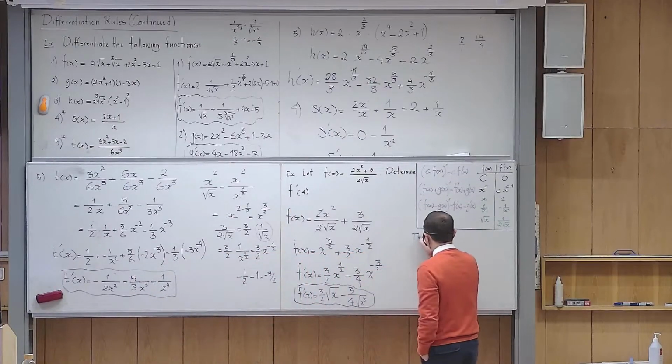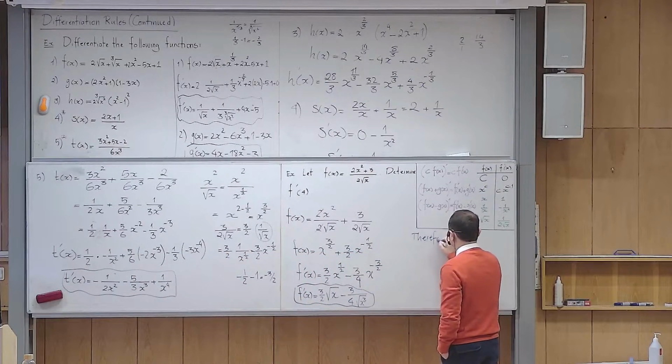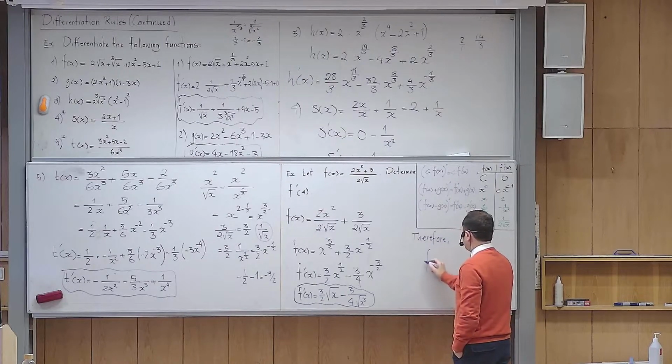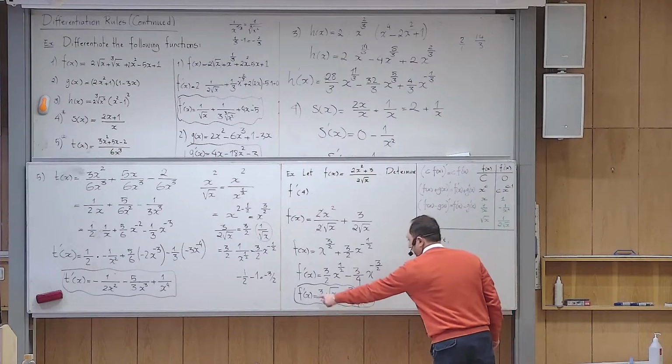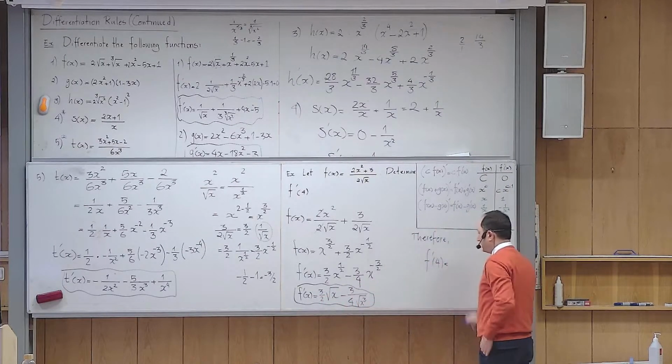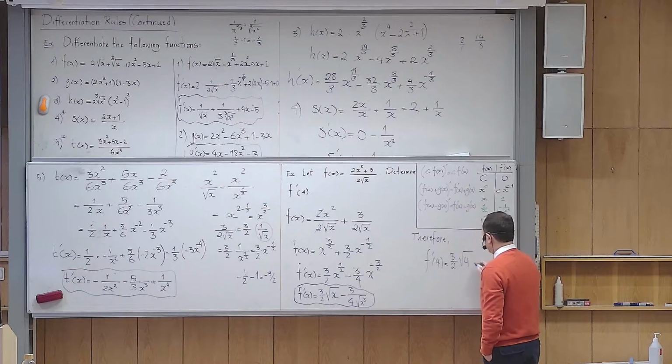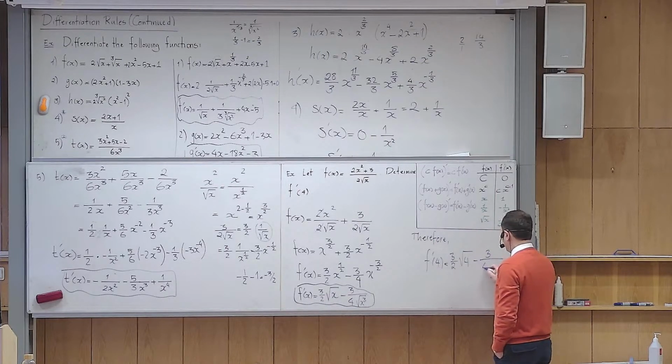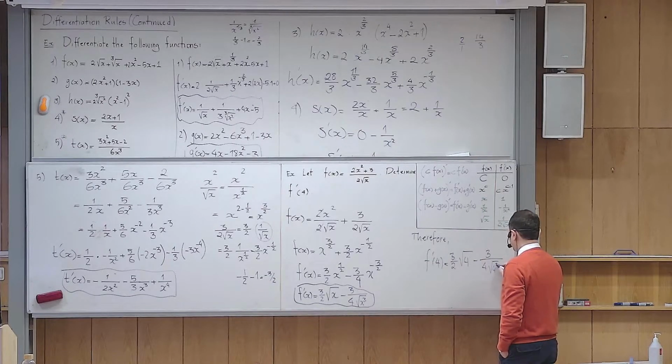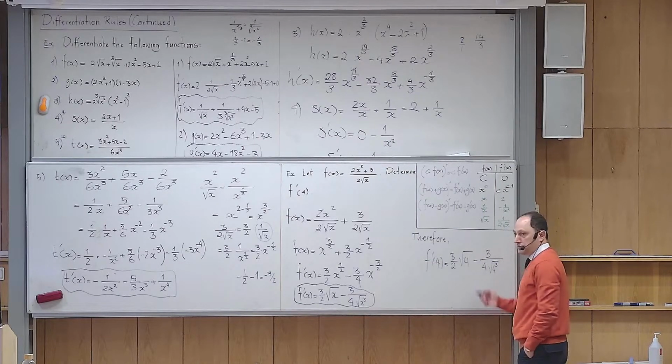So therefore, what can I do? I can write f prime of 4 is equal to, I replace x in my derivative with 4 everywhere. So this becomes 3 over 2 square root of 4, and then minus 3 over 4 square root of 4 to power 3. And then simplify that.